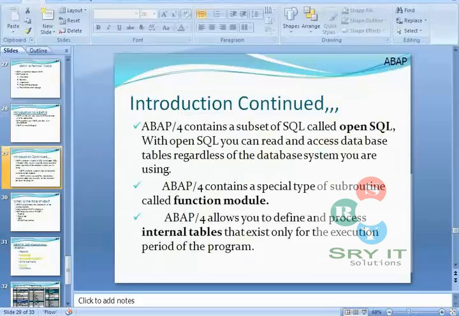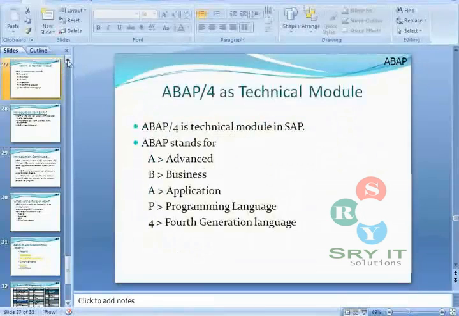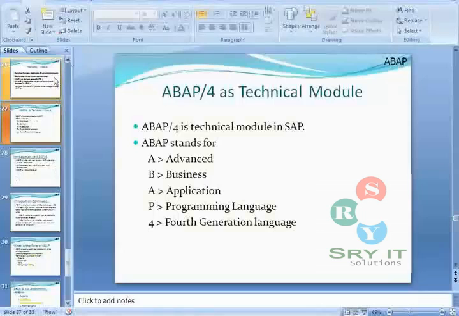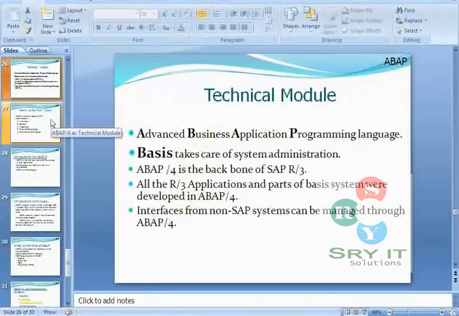ABAP statements, or ABAP coding lines, start with the keyword and end with a period. Period is just a full stop, a dot.